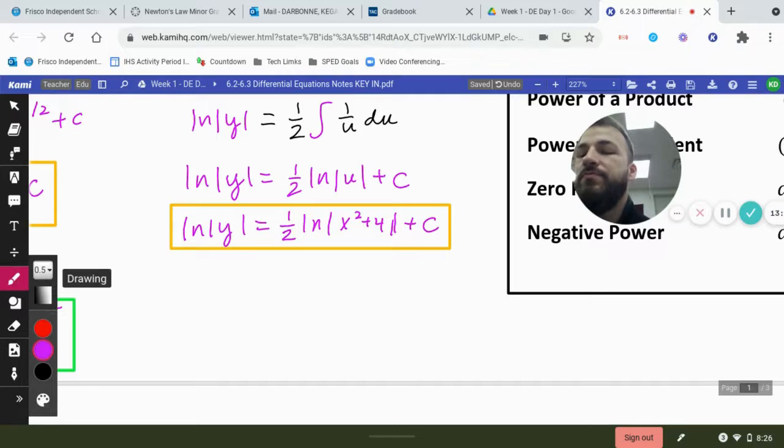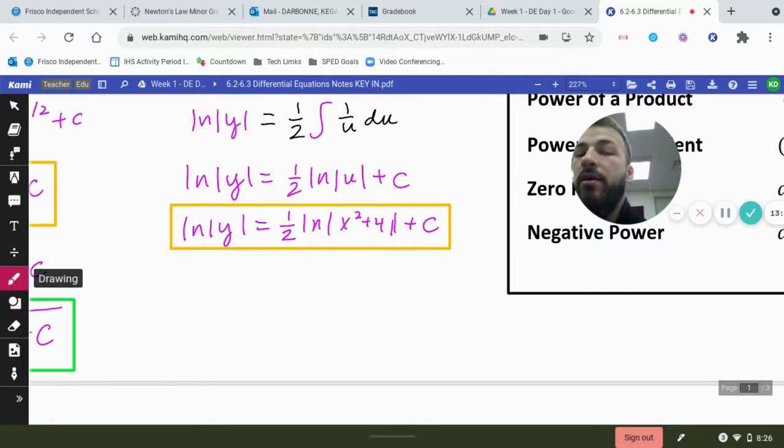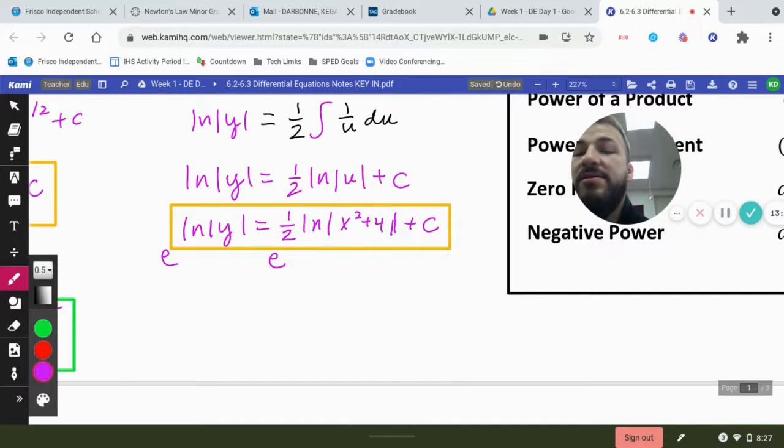So right here on my answer, I can take everything to a base of e. On the left side, the e and the natural log cancel out because they have the same base. So I'm left with just y.